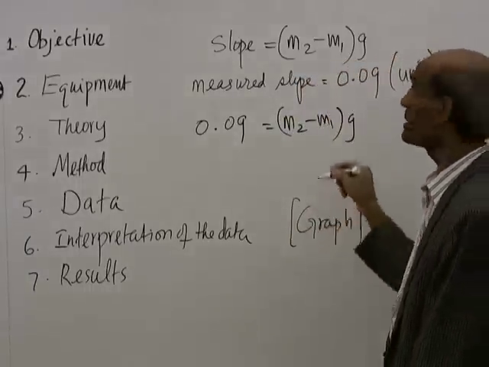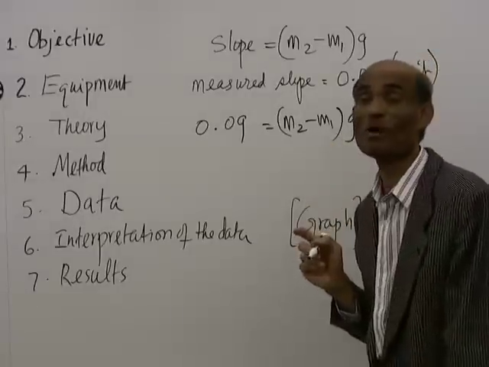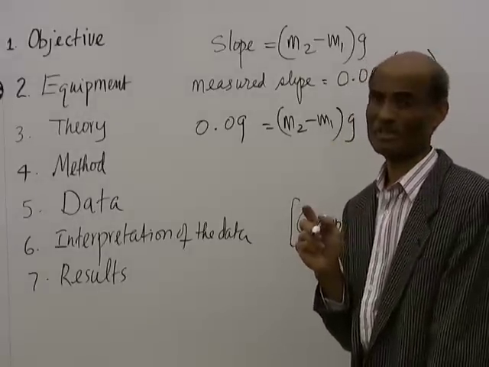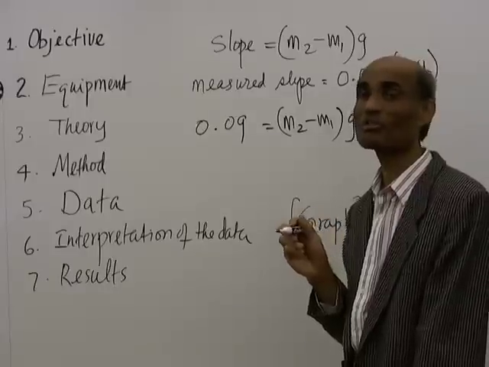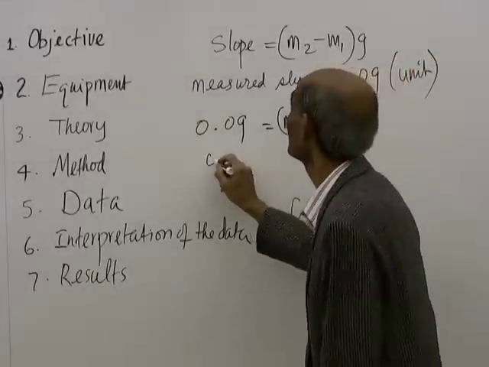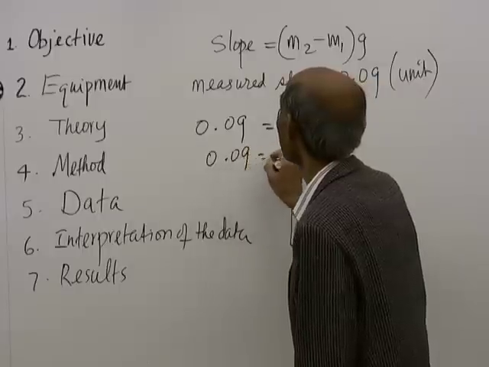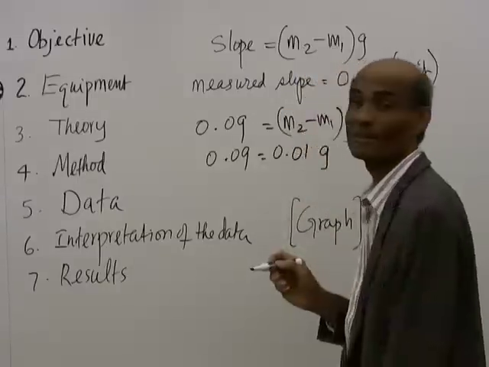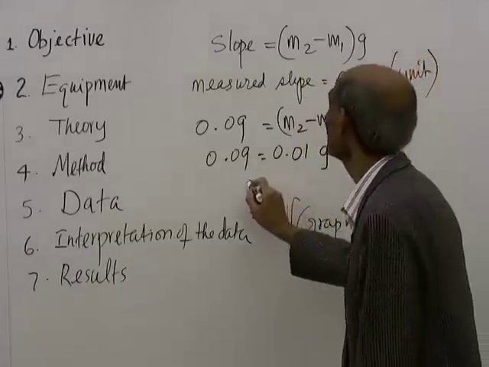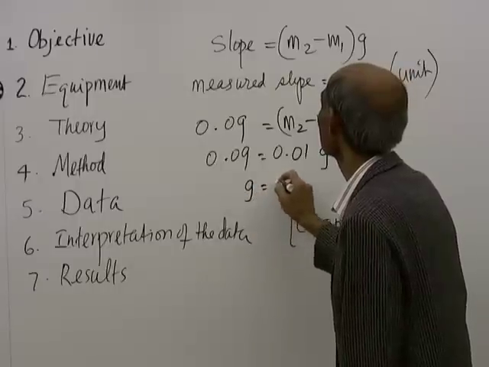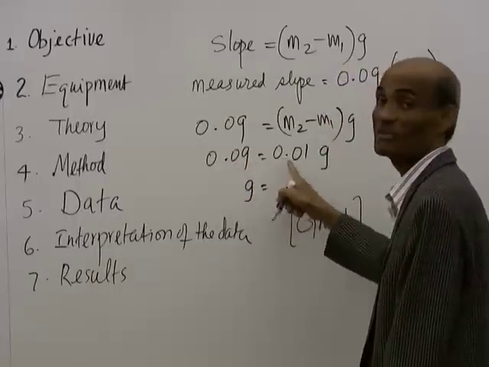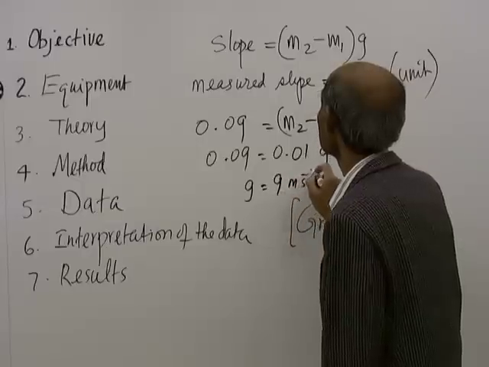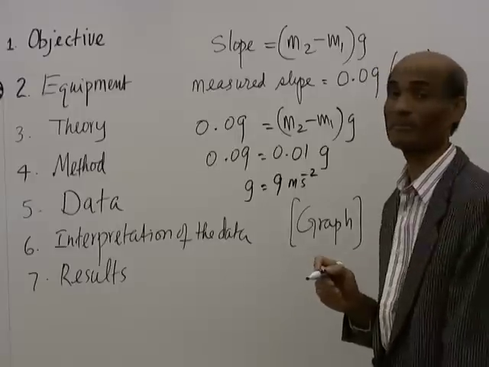And in this experiment, this m2 minus m1 is going to be 10 gram. And 10 gram is 0.01 kilogram. So we will say 0.09 equal to 0.01 g. And that will give me g equal to 0.09 divided by 0.01, which is 9 meter per second square.